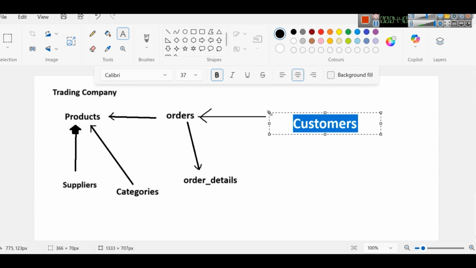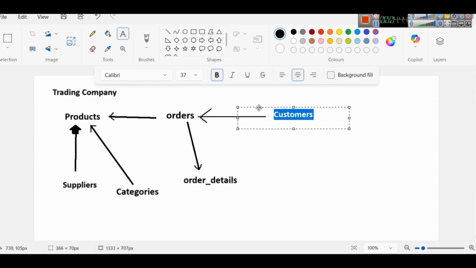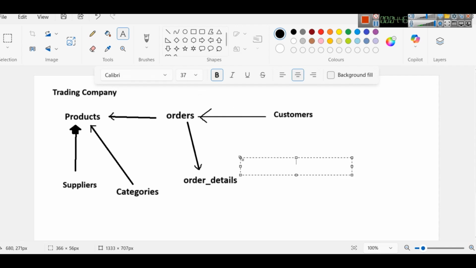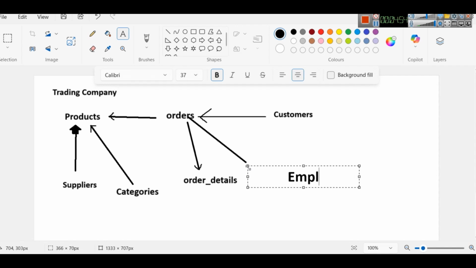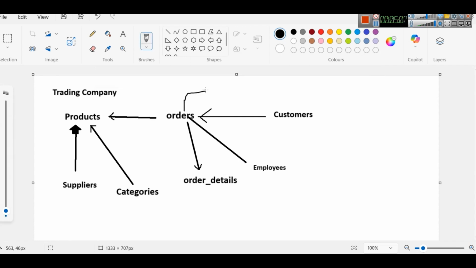Customers are making these orders, and employees are processing these orders. So we also have employees who are processing these orders. Once the order process is complete, these orders are also sent to customers.